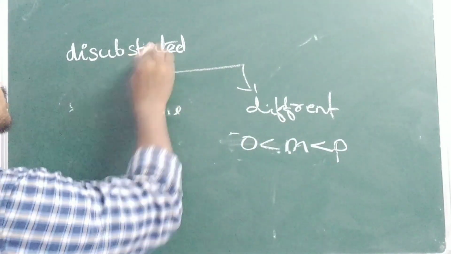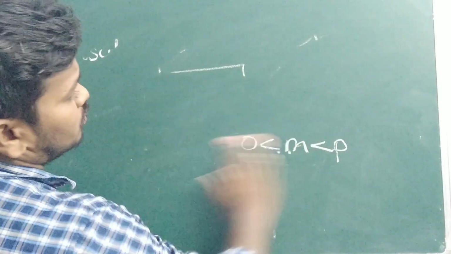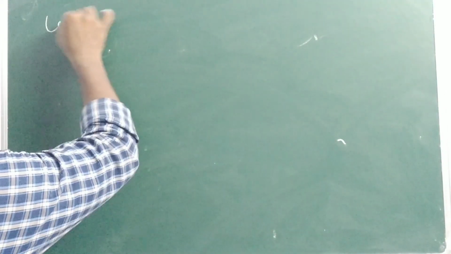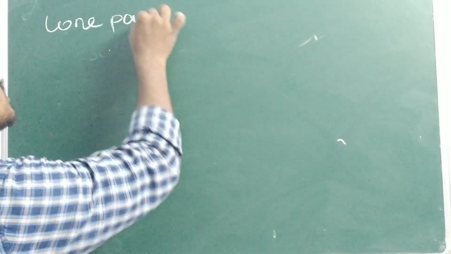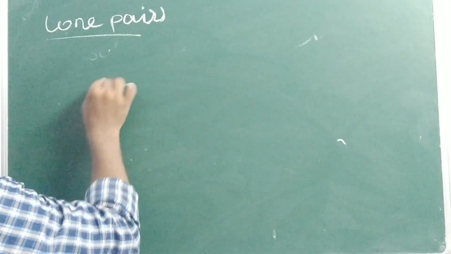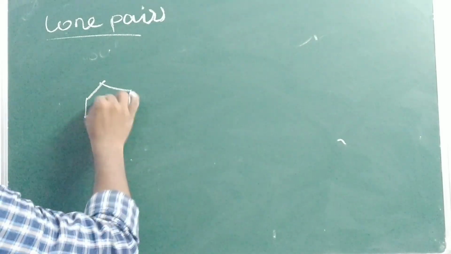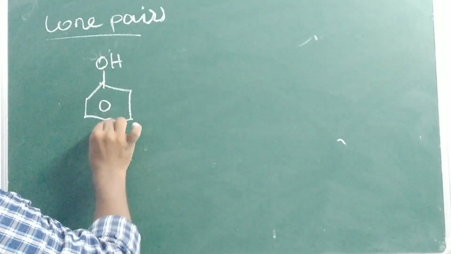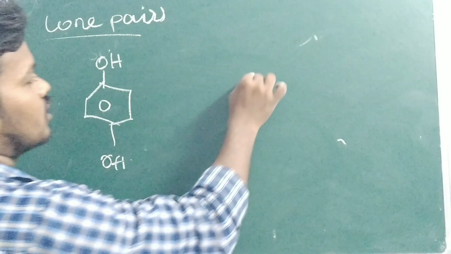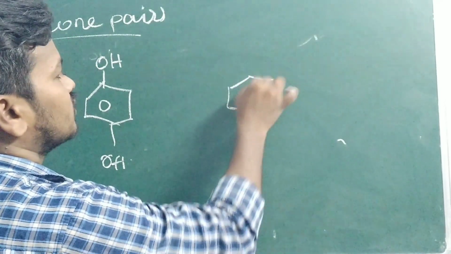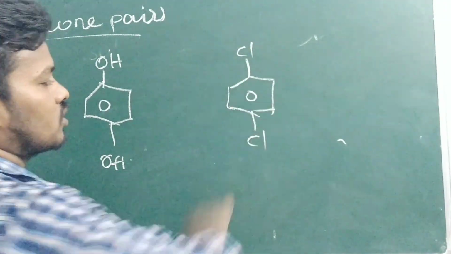Next, we discuss groups of the same nature, but what happens if lone pairs are present? That we also have to see. For example, here you can see OH and OH, and here chlorine and chlorine.